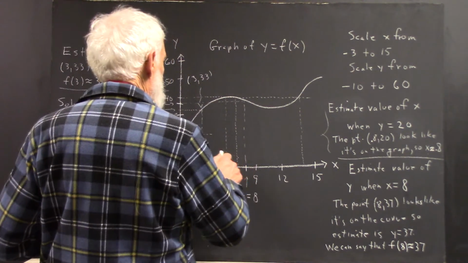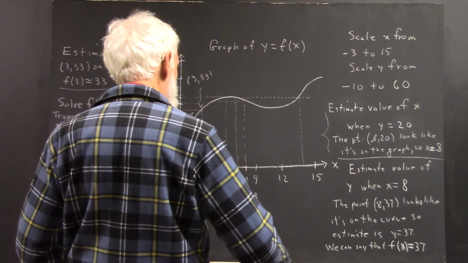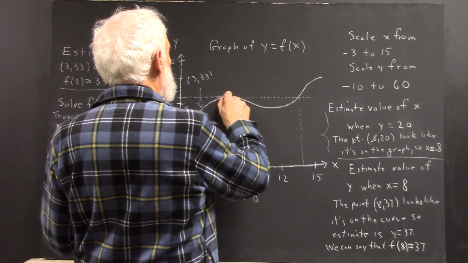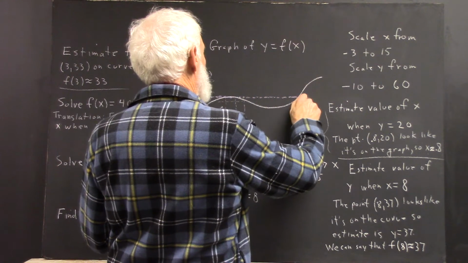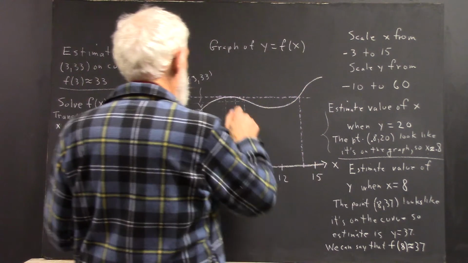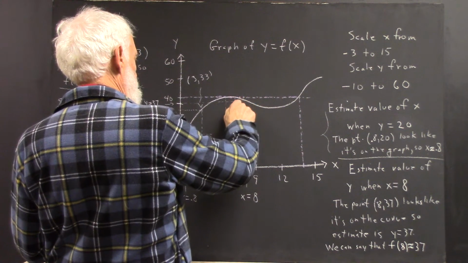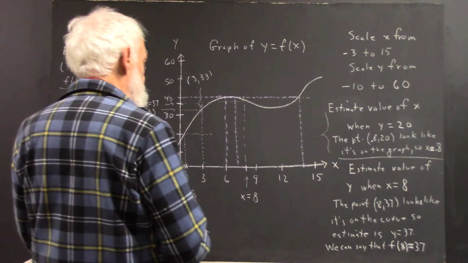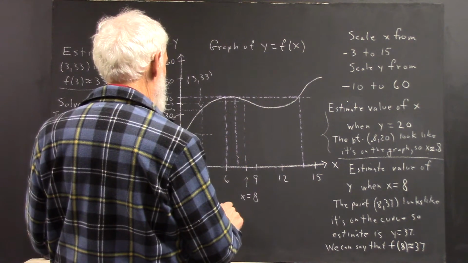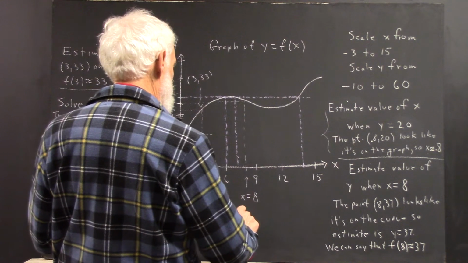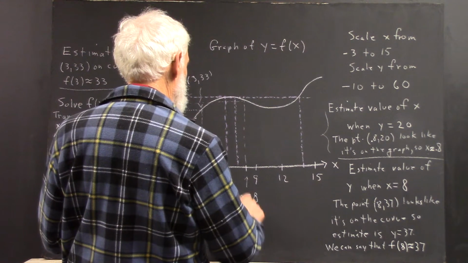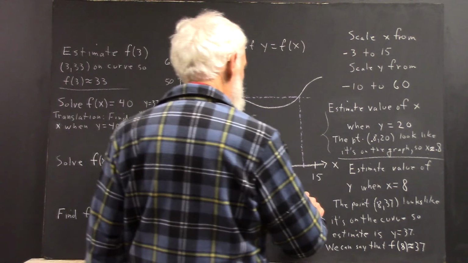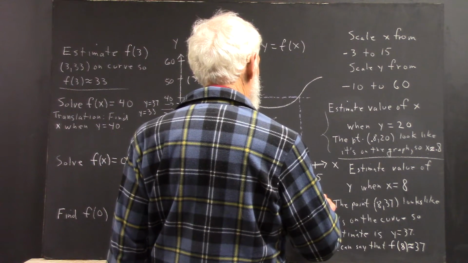Okay, so let's repeat these projections, because we're getting a lot of projection lines on this graph now. Let's use a little color to distinguish. We get x equals 6 here, x equals 7.3 here, and x equals 14 here.